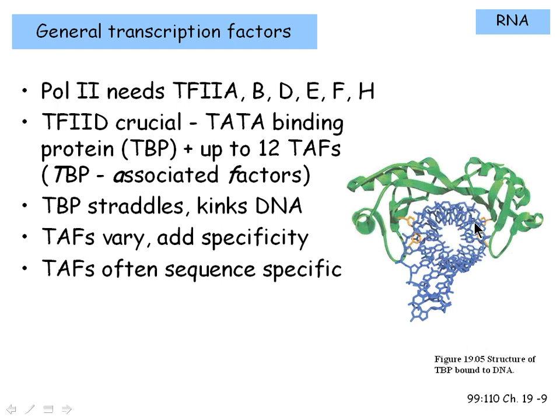And then the additional TAFs, the TATA binding protein associated factors, are different in different tissues. They are part of why some genes are transcribed and others are not. They're not the only thing, but they are one of the contributing factors. They often have sequence-specific interactions with the DNA.